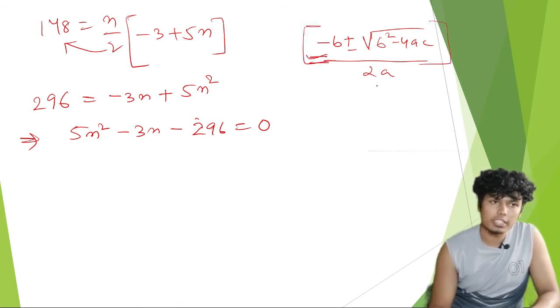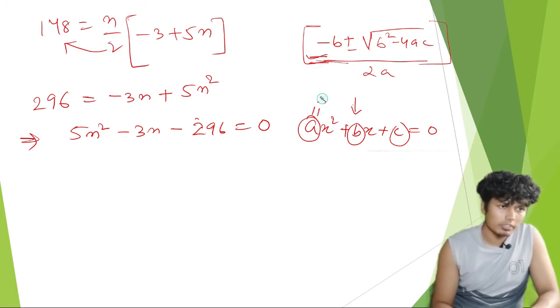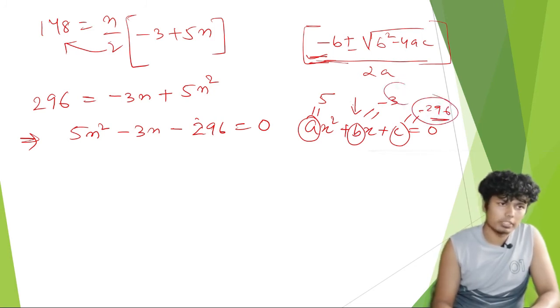This is for ax square plus bx plus c equal to 0. a is here, b is here, and c is here, and we are going to put them in this formula. In this equation a is 5, b is minus 3, and c is minus 296. Put all these values in the above formula. Let me do the rough work.